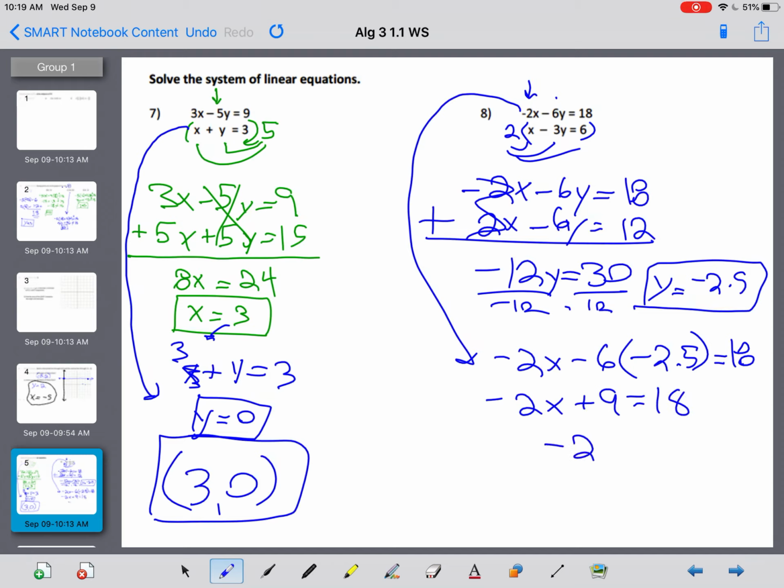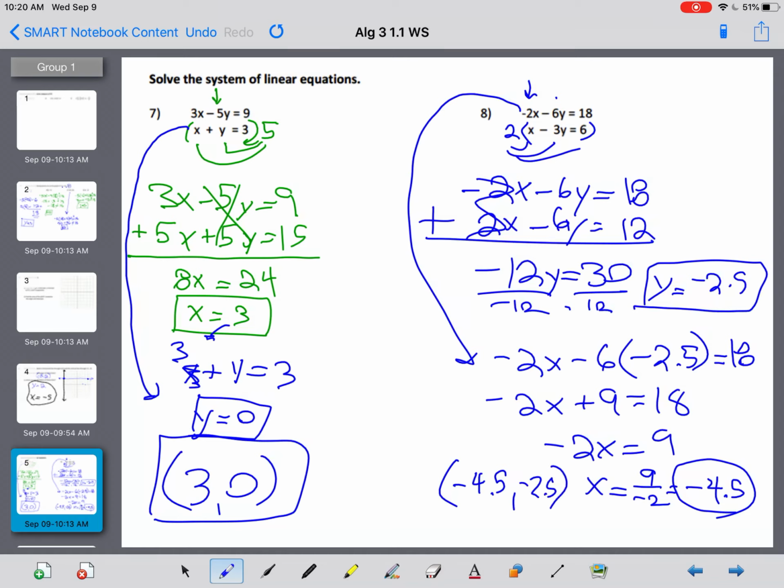Subtract the 9 over and divide by negative 2. So we get an x of negative 4.5. Well, something's fishy there. Negative 4.5 and negative 2.5. Well, that's different than my answer key.